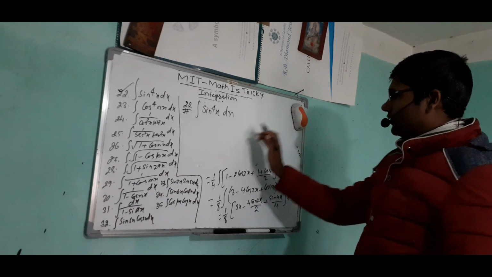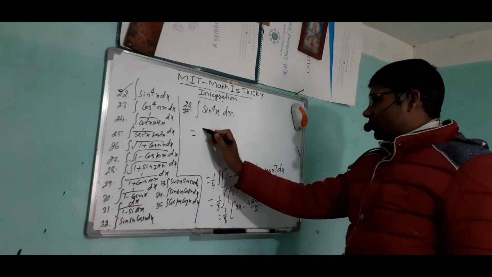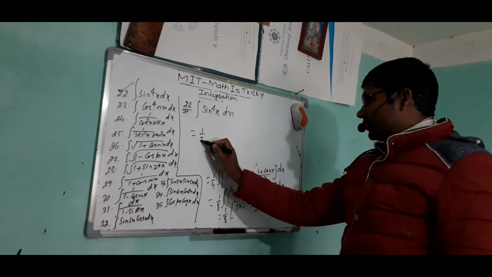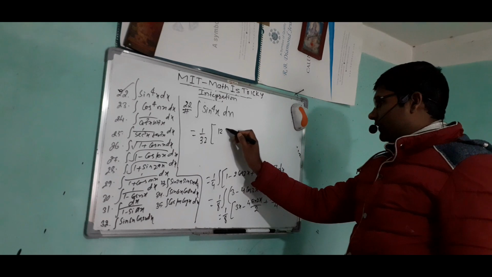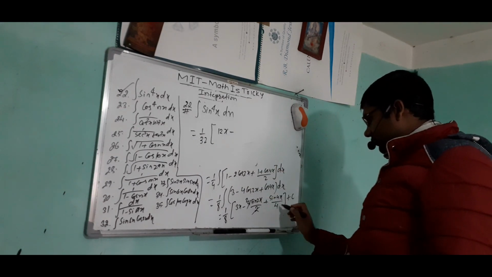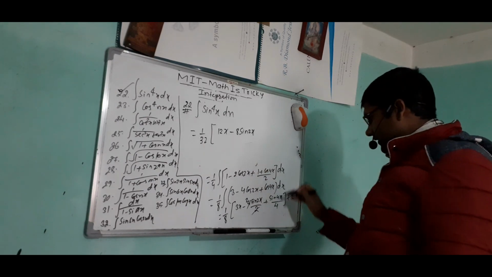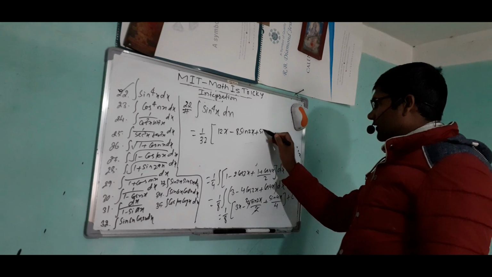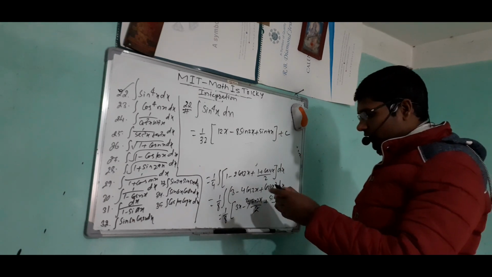So our final answer will be, taking the LCM, 1/32 times (12x − 8 sin 2x + sin 4x) plus c. This is our final answer.